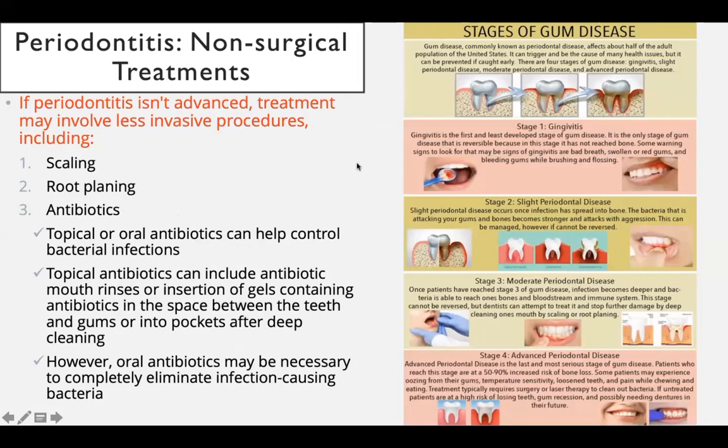The infection is no longer constrained to the gingiva. It has expanded beyond the gingival borders and reached other tissues of the periodontium. That's why we need topical or oral antibiotics. However, oral antibiotics may be necessary to completely eliminate infection-causing bacteria.